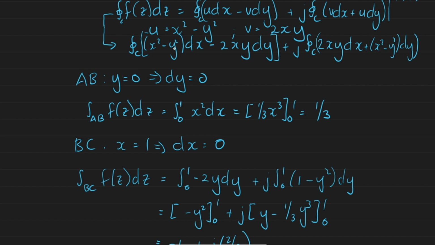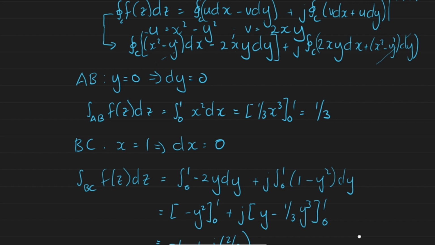So x squared minus x squared is equal to 0, so that term won't be there. Then we have minus 2xy, so y is equal to x, we have x times x, that's going to give us x squared, and then dy is going to equal dx. So we'll have minus 2x squared here. With regards to the j part, y is equal to x again, so we have x times x giving x squared, and x squared minus y squared gives us 0. So that term will come out.